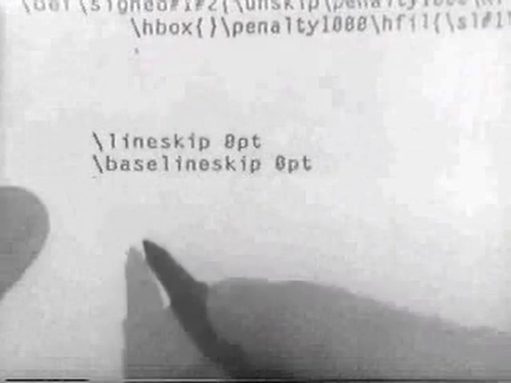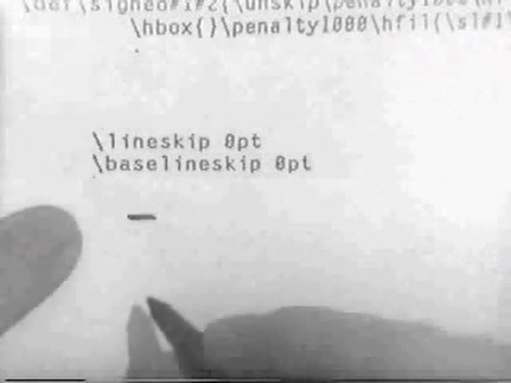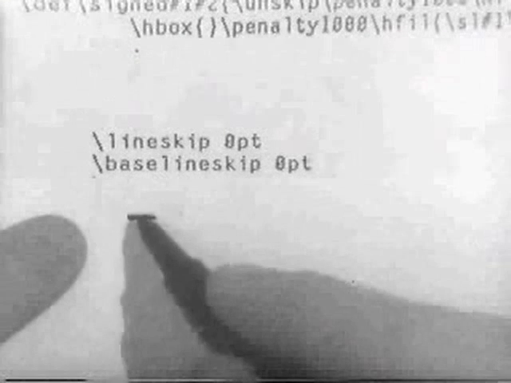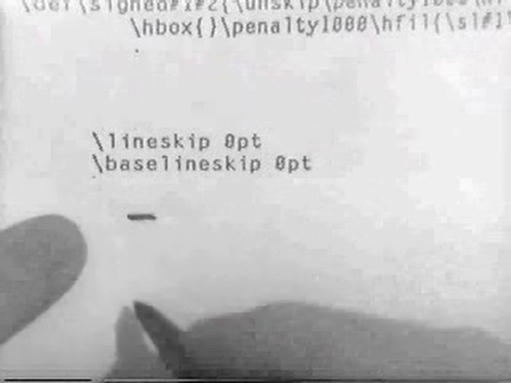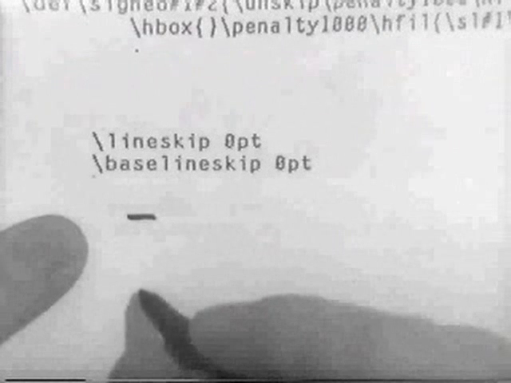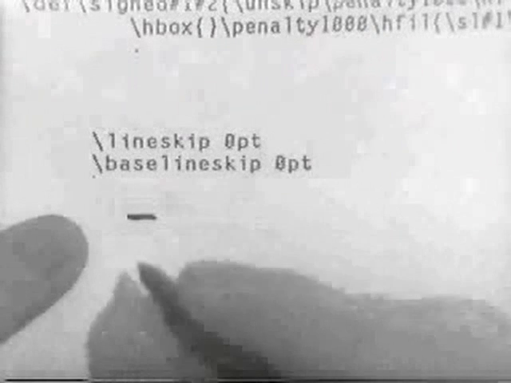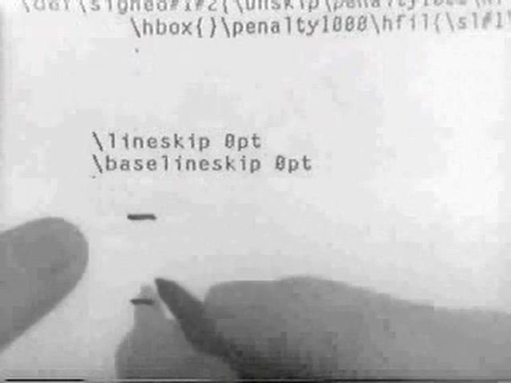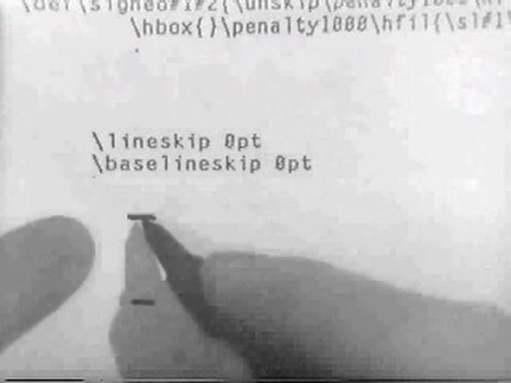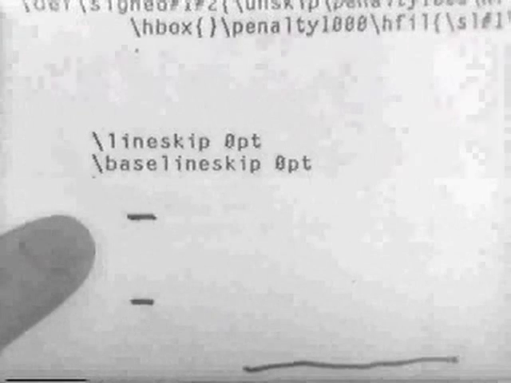I didn't discuss that in this course yet, but the baseline skip is when we add something to a vertical list, and there was previously a box in the list. TeX will calculate interline glue between boxes, and the interline glue gets inserted between one box and the next one in any vertical list.